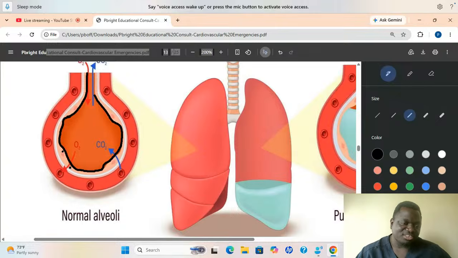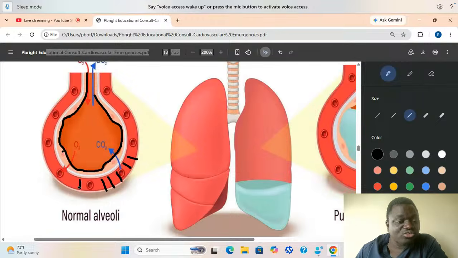This is the space where, if the blood vessel ruptures, or if there is hypertension in this blood vessel, or capillary destruction, let's say infection, the fluid will leave here and accumulate here, and we call it what?